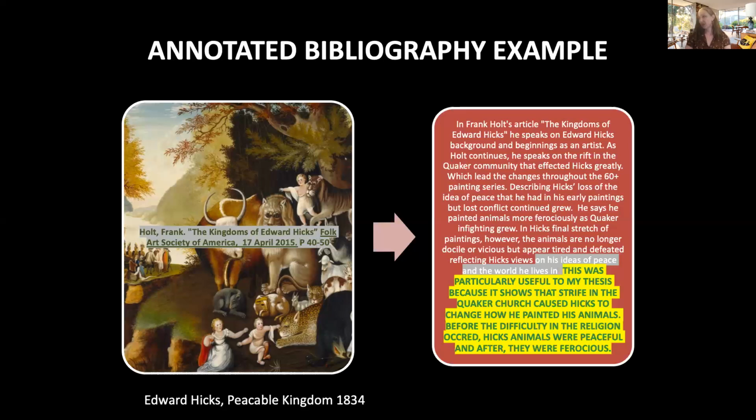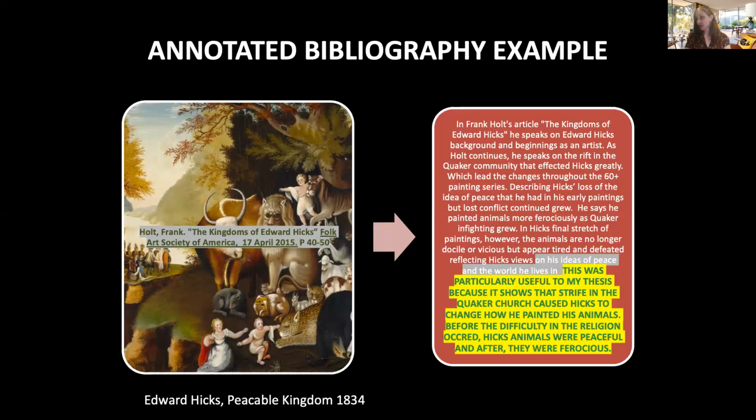As Holt continues, he speaks of the rift in the Quaker community that affected Hicks greatly, which led to the changes throughout the 60-plus painting series. Holt describes Hicks' loss of the idea of peace that he had in his early paintings as conflict continued to grow. So he says he painted animals more ferociously as Quaker infighting grew.